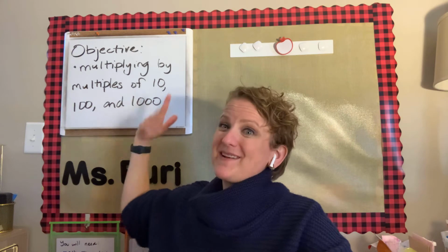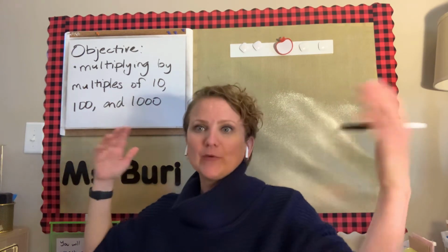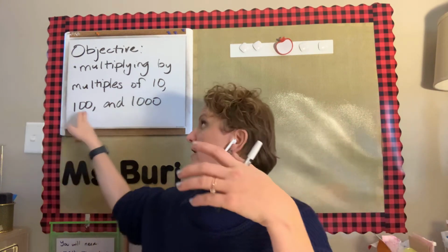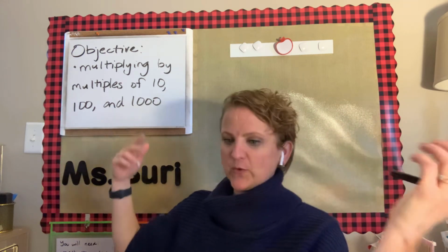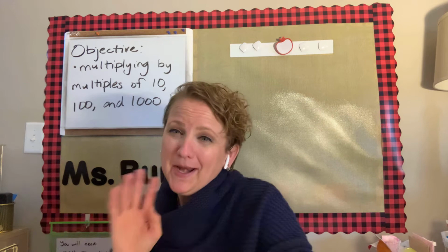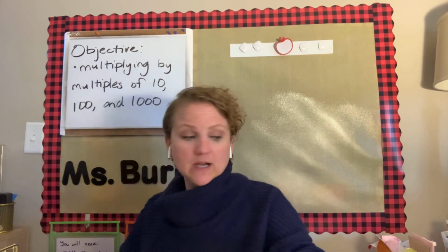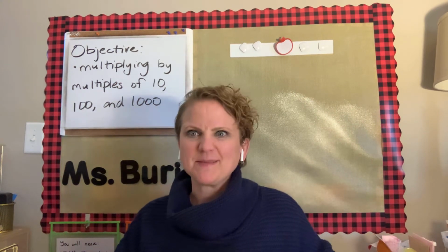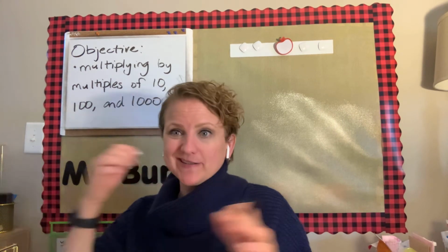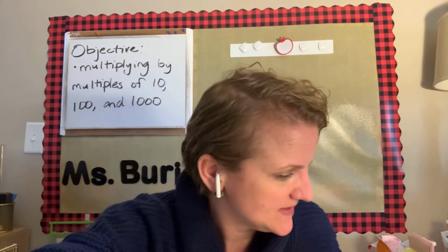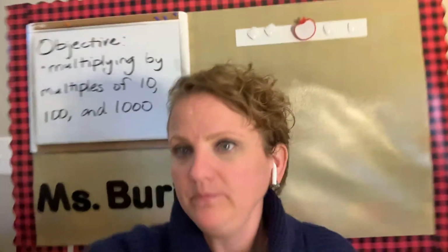Instead of multiplying by 10, we'll multiply by 20 or 30 or 40 or 50, okay? Or 200, 300, 400, 500, 2,000, 3,000, 4,000, 5,000, okay? So it's going to be building together multiple concepts that we've been working on. So first, we're just going to break this apart and talk about how we're going to be doing these problems today.